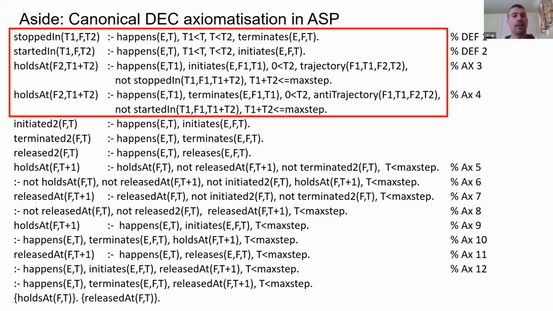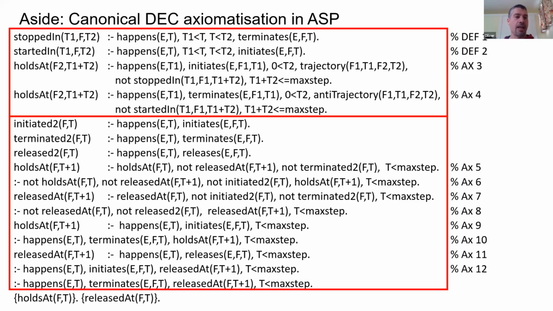There are basically 12 axioms, of which the first two are actually definitions. These, started in and stopped in, are like clipped and declipped in the original event calculus. They're used within the formulation of trajectories, which is in axioms 2 and 3. Then you have the rest of the axioms and then some choice literals.